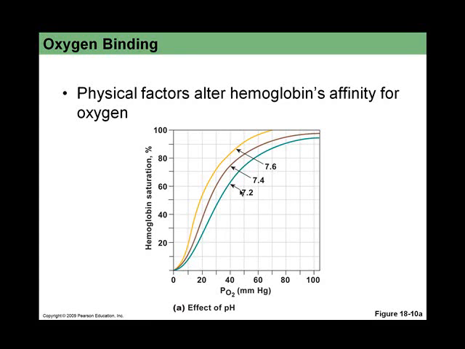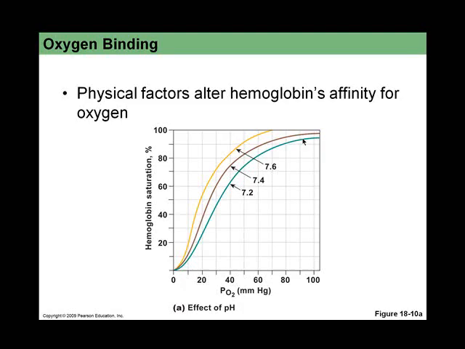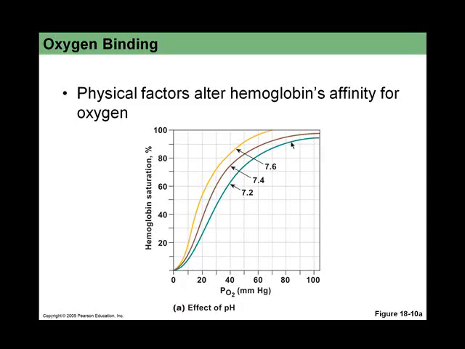This is where you're holding pH constant and you change the PO2, and you see over the range of the PO2 at a lower pH, more acidic pH, the curve shifts to the right, and the linear portion of the curve has a decreased slope compared to what is considered to be normal pH of 7.4.